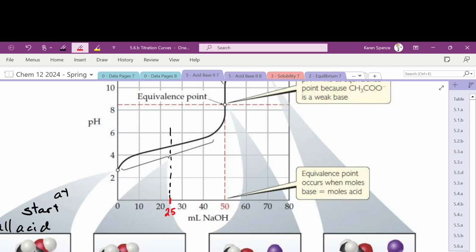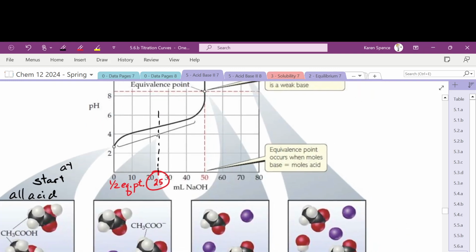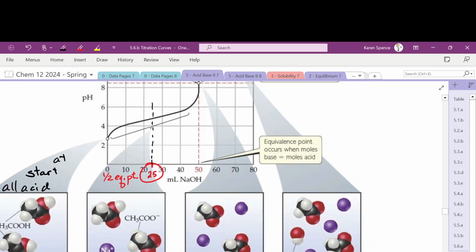That's our half equivalence point. And at the half equivalence point, you have half is acid, HA, and half has been turned into the base, A minus.